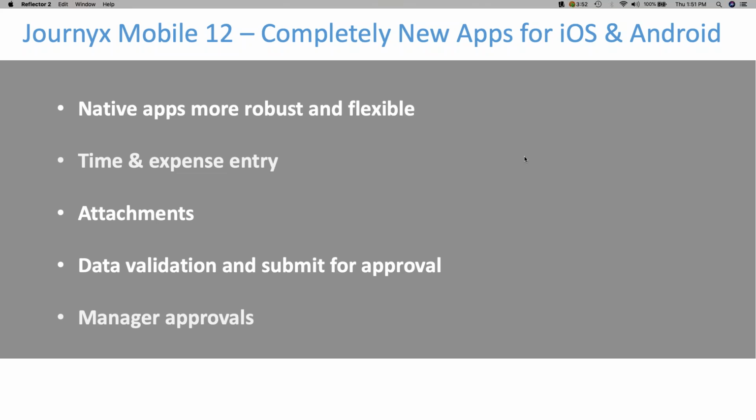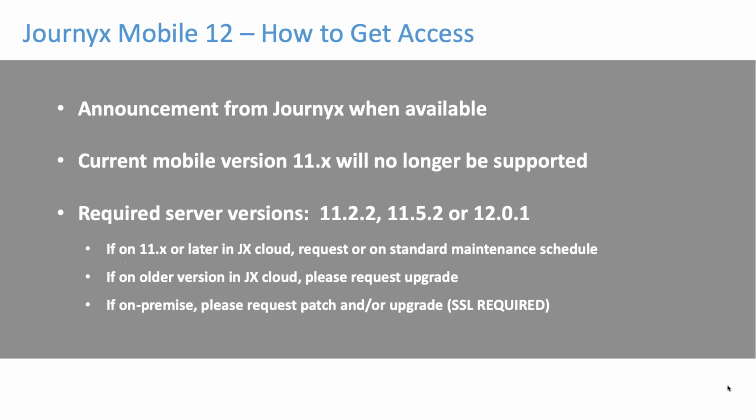So let's look at what we have to do to get this mobile app to you guys. We are going to announce when the mobile app is generally available. Right now, we are in final testing of the app itself and also working through the maintenance schedule for making sure that all of the Journyx cloud sites have the correct version available for you to use the mobile app.